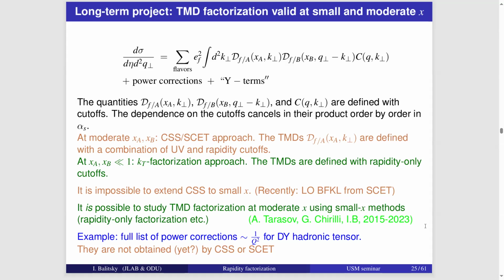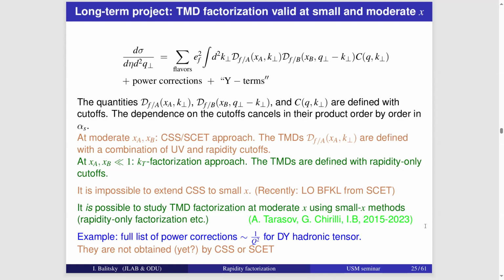It would be nice to have a formalism which interpolates between these two factorizations. I think the TMD formula is suited for this transition with some thinking.